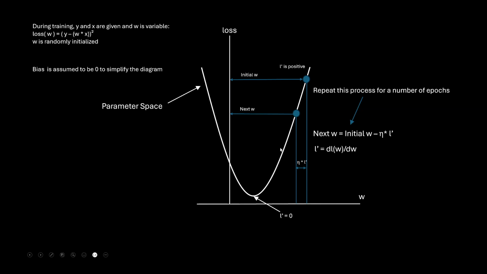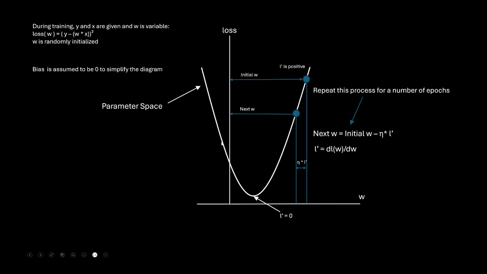And if you think about it, if you're moving up this way, you are increasing the weight and increasing the loss. The derivative is positive. If you're moving down, the weight is decreasing and the loss is decreasing. So the derivative is still positive. But here, if we are moving down, the weight is increasing, the loss is decreasing.